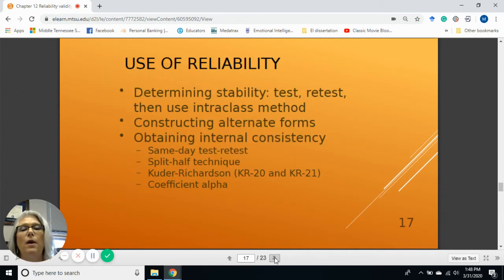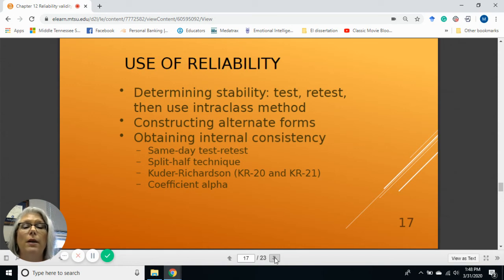As we continue, the use of reliability: we have stability, the test-retest, intra-class, and constructing the alternative forms, and are those consistent? Let's say I have a test and I have 4 or 5 versions of the test. We want to make sure that the interrater reliability amongst the tests is the same.